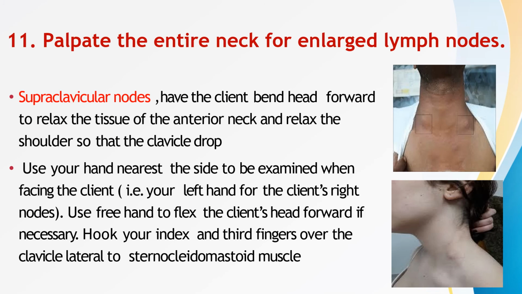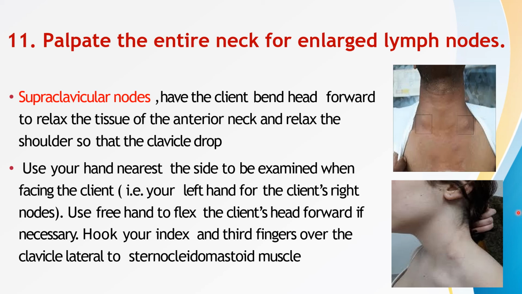For the supraclavicular nodes, just above the clavicles or the collarbones of the patient, such as this one and this one, you may ask the client to bend the head forward to relax the tissue of the anterior neck and relax the shoulder so that the clavicle may drop.